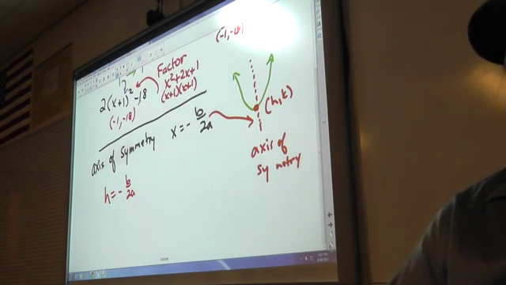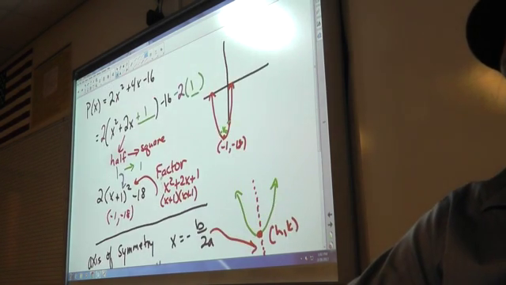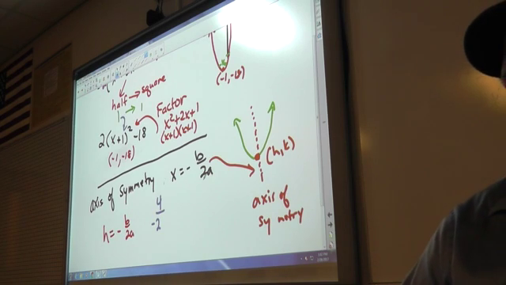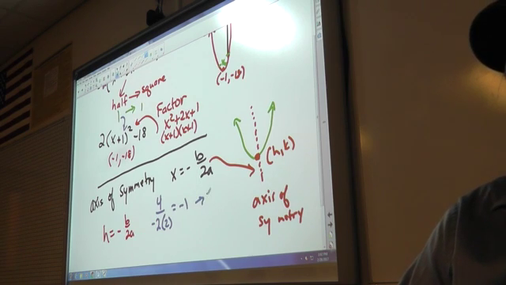In this case, it would have been 4 over negative 2 times 2, which is negative 1. Now the question is, what is k?